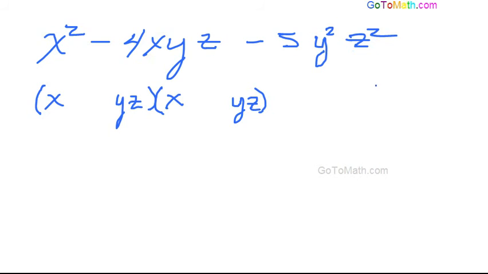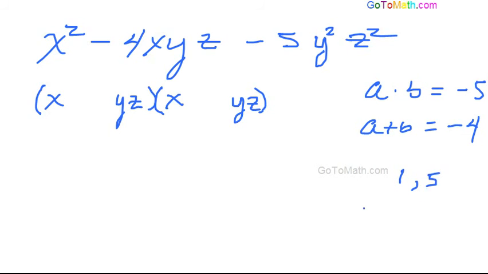But once again, we're looking for two numbers that when multiplied together gives us -5, and then when we add them, we get -4 here. Okay. Well, the only two numbers to multiply together that gives us -5 is going to be a 1 and a 5. So that ought to be pretty easy to figure out. So it looks like this is going to be the minus here, because 1 minus 5 is -4. Right. So we'll let this be the 1.